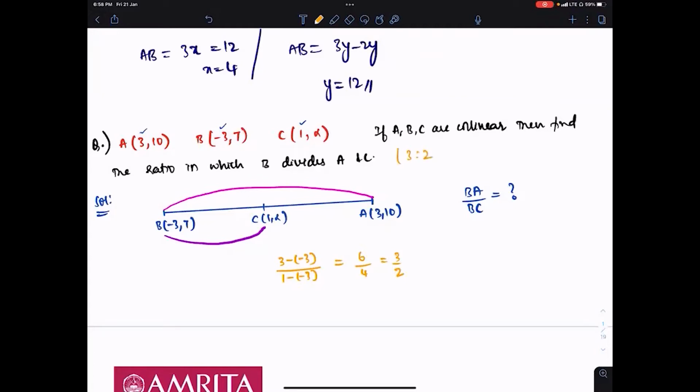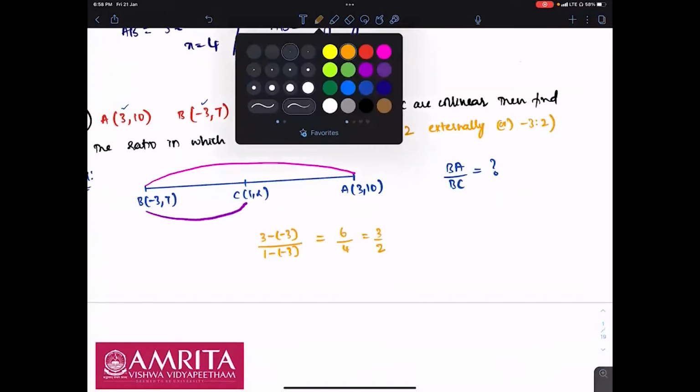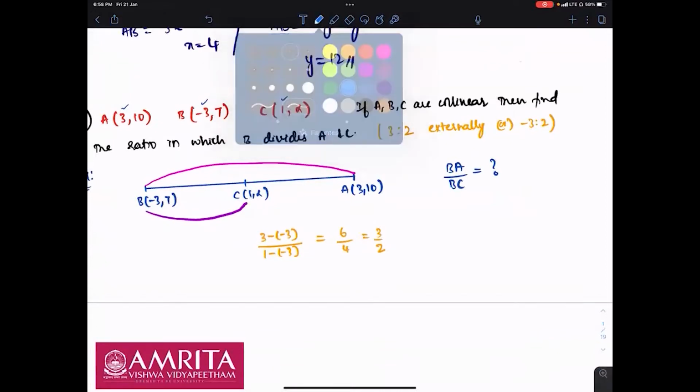But now, is it internal or external? Is B in between A and C or outside A and C? Outside, no? So it is external division, or you can simply write -3:2. Okay, fine. Now, I just told you that even if you do the same thing with respect to the y coordinate, you will get the same answer.